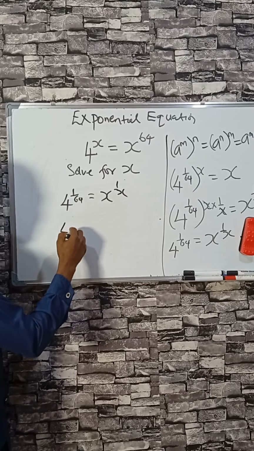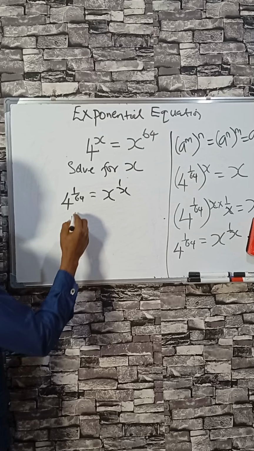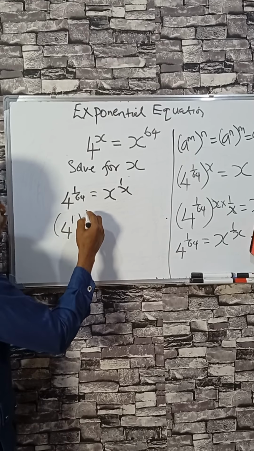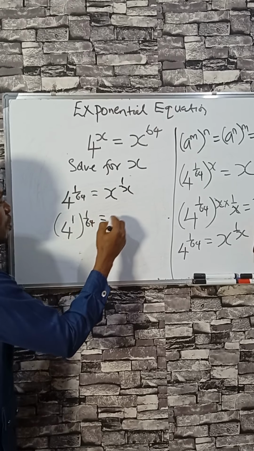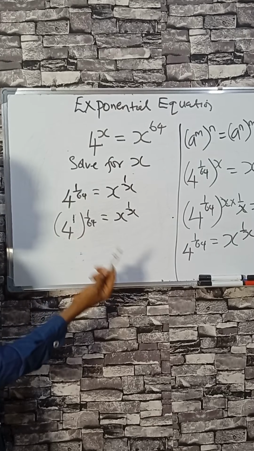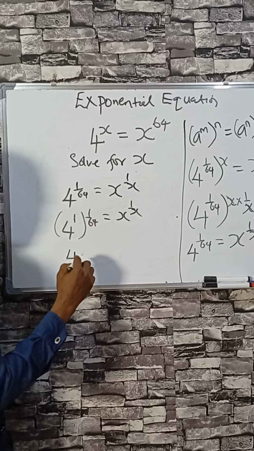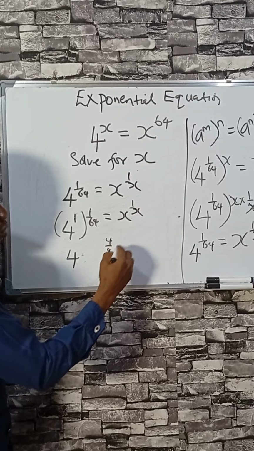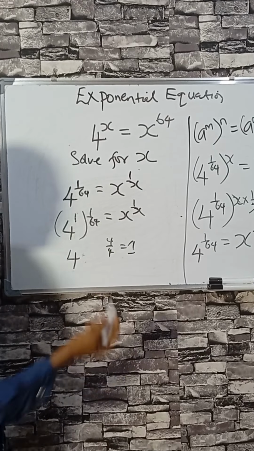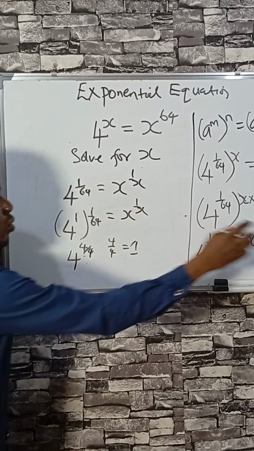But I can write 4 here as 4 times 1, then times 1 over 64. It's the same thing, because 1 times 1 is still 1 divided by 64, the same thing. But now look at something here. 4 divided by 4 is 1. So you can replace this 1 here by 4 divided by 4.